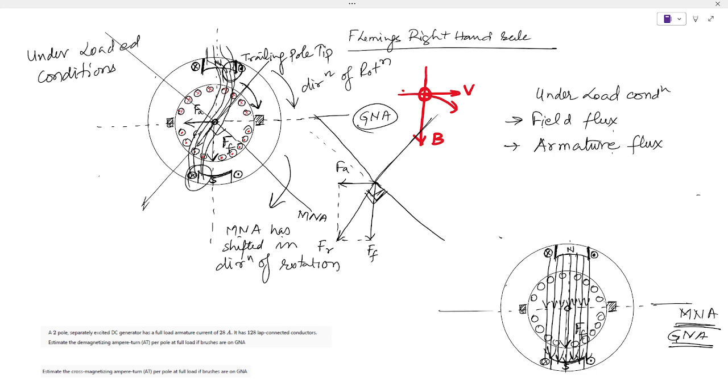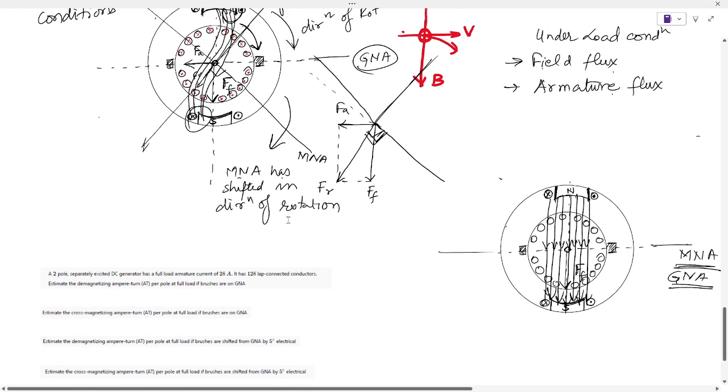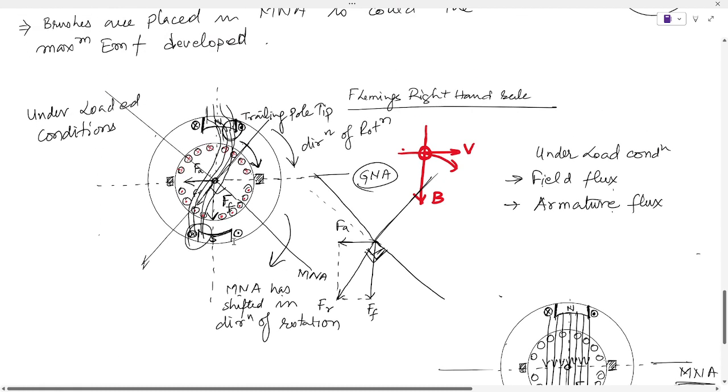Okay, sir. So this is the problem. Now how do we get out of it, and what are the bad effects? I told you the brushes are placed on the magnetic neutral axis. Under unloaded condition we place the brushes here.